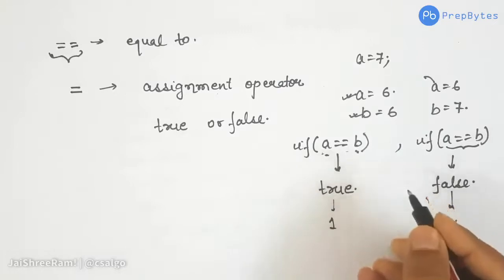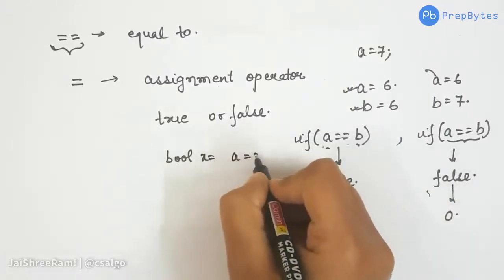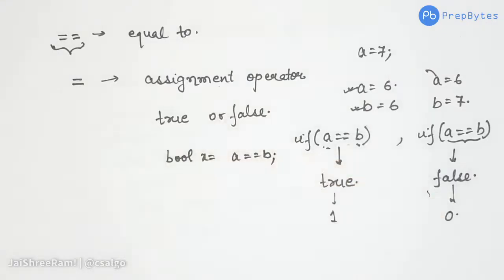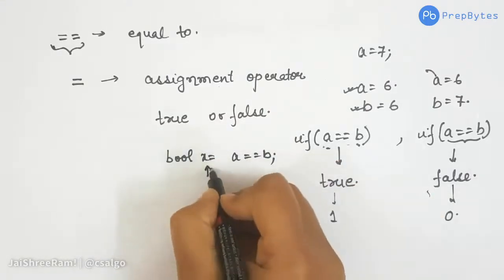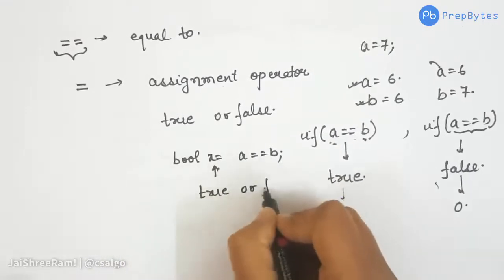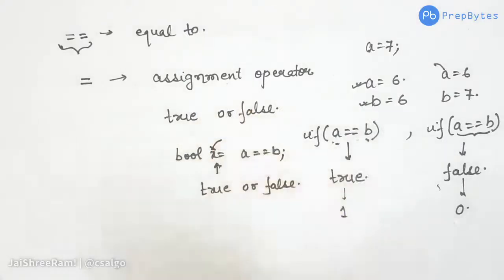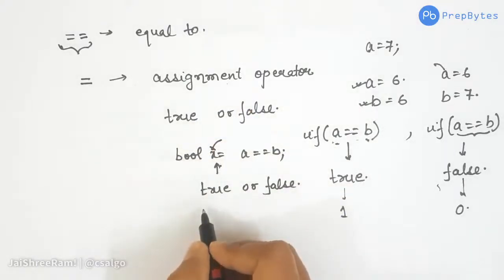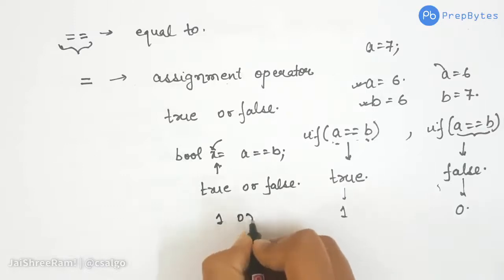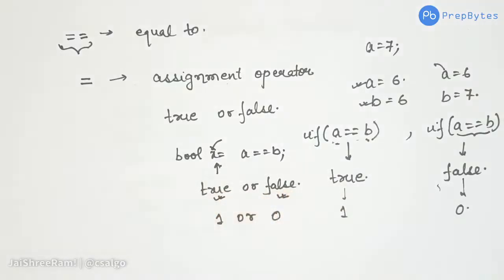So if we do bool x = (a == b), then x is assigned true or false depending upon the values of a and b. If we print the value of x, we get 1 or 0 corresponding to true or false. So this was about the equal to operator.